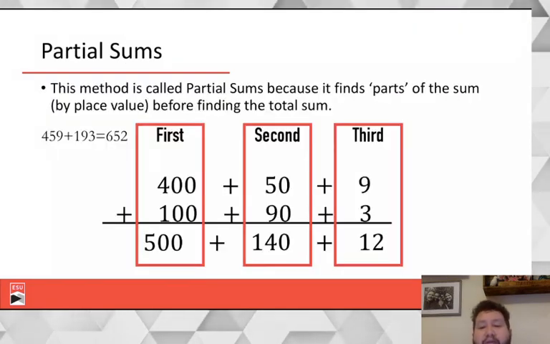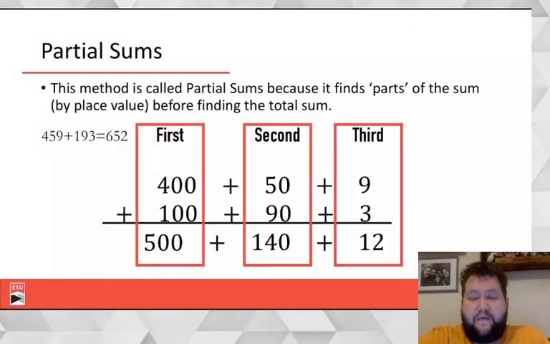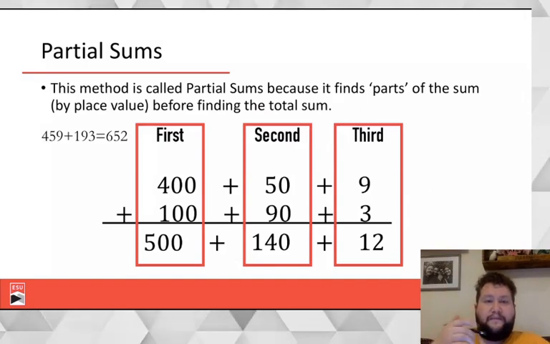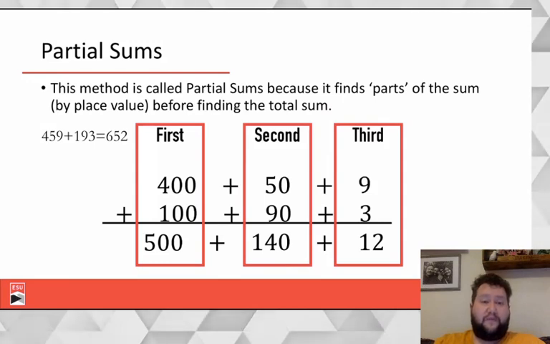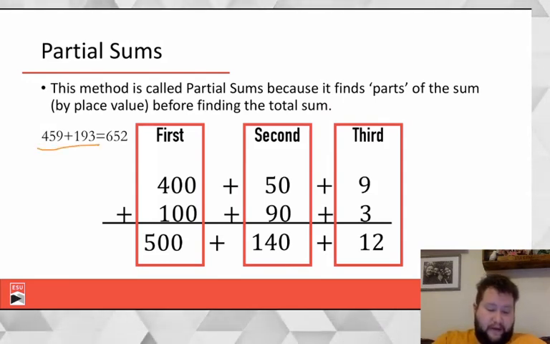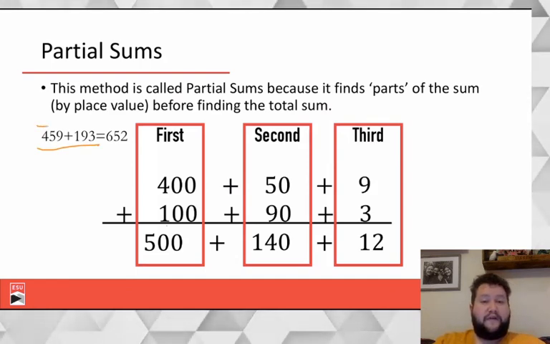And so once we have some sort of place value understanding, once we can work with those columns, we can do what's called partial sums. And we call it partial sums because we find part of the sum by place value before finding the total. So 459 plus 193, we can look at the hundreds. 4 and 1 is 500. 50 plus 90 is 140.